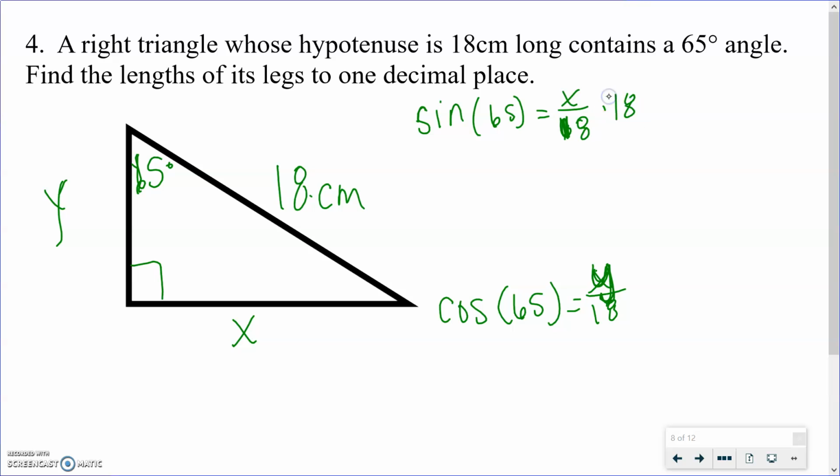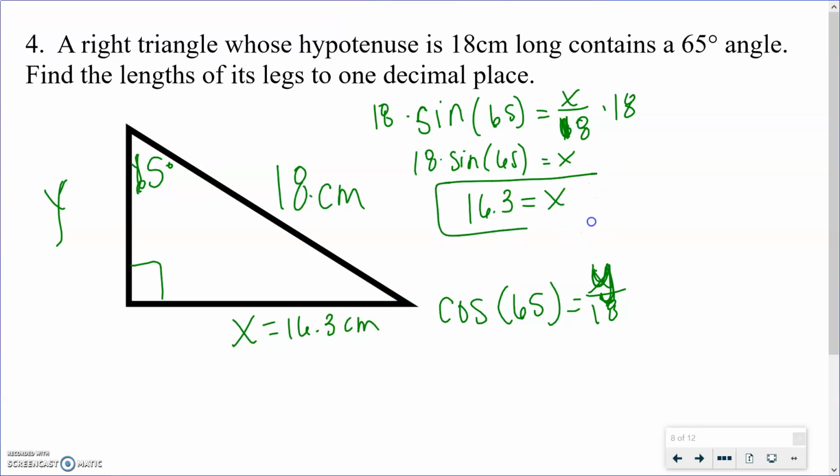So first on this one, I want to multiply both sides by 18. And then I get that 18 times the sine of 65 degrees equals x. And that is going to give us 16.3 about. So that side x is about 16.3 centimeters. Okay, then I'm going to do the same thing here and solve for y, multiply by 18 on both sides.